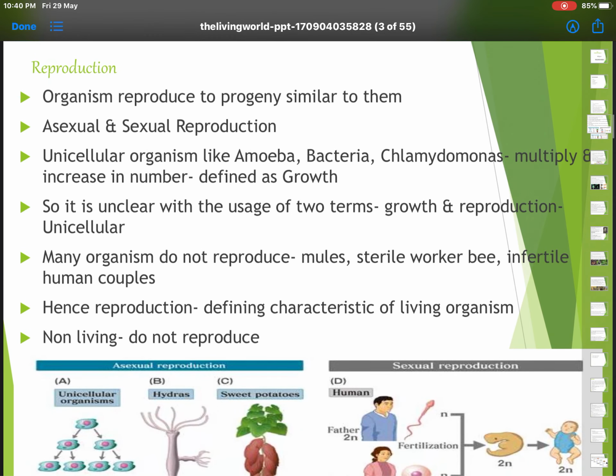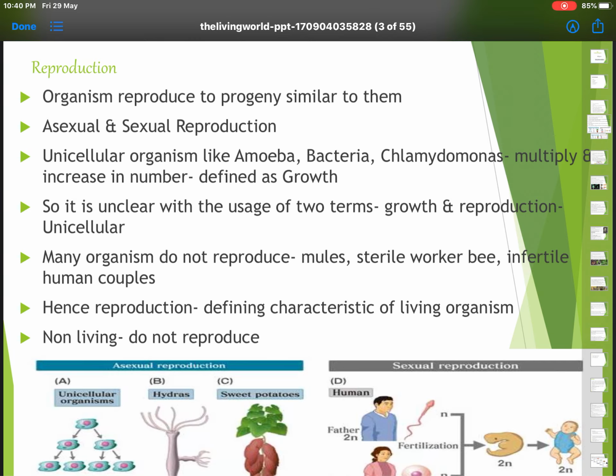Next characteristic, reproduction. Reproduction is the ability of an organism to increase its offspring, and the organism has to produce its own similar kind. This happens in two ways. If the gametes or reproductive cells like sperm and ovum, pollen grain and ovum are involved, and because of their fusion, male gamete and female gamete fusion results in zygote formation, and the zygote develops into an embryo, and the embryo grows into an adult.